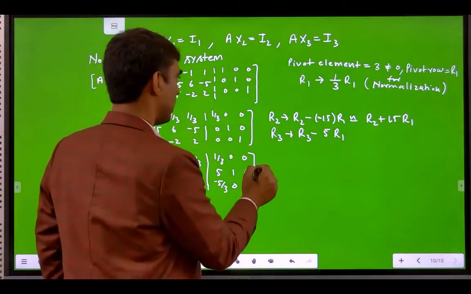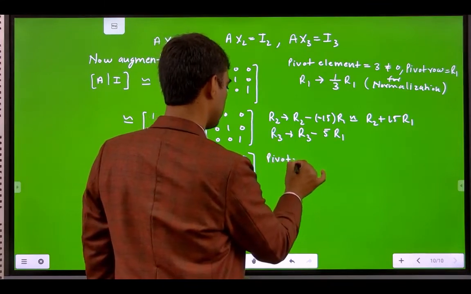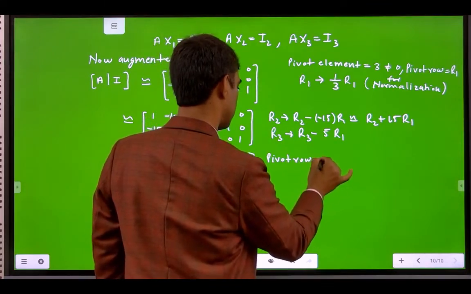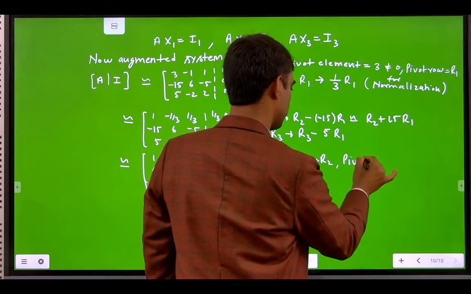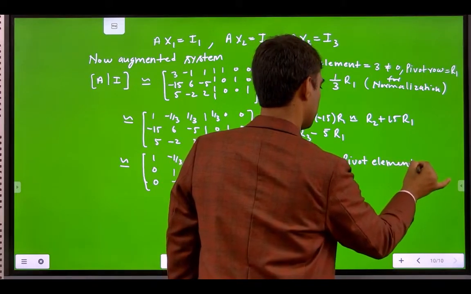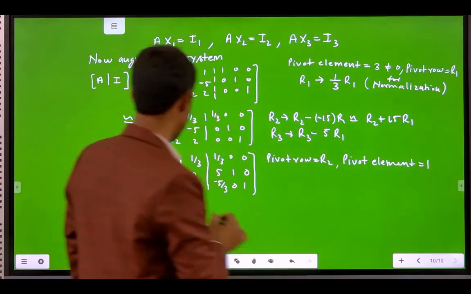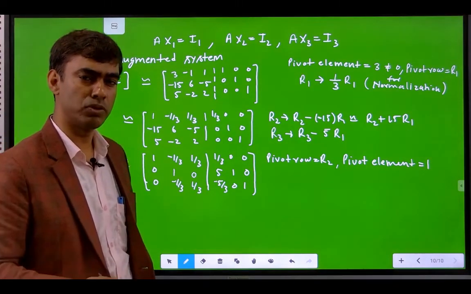Now again, what is the pivot element here? The pivot row is R2 and the pivot element is 1. There is no need for normalization because the pivot element is 1.